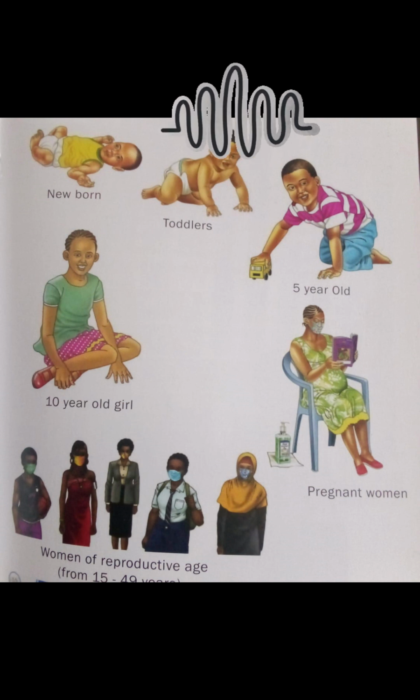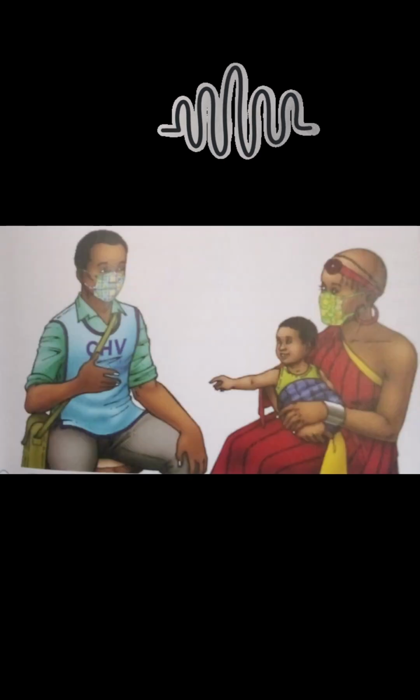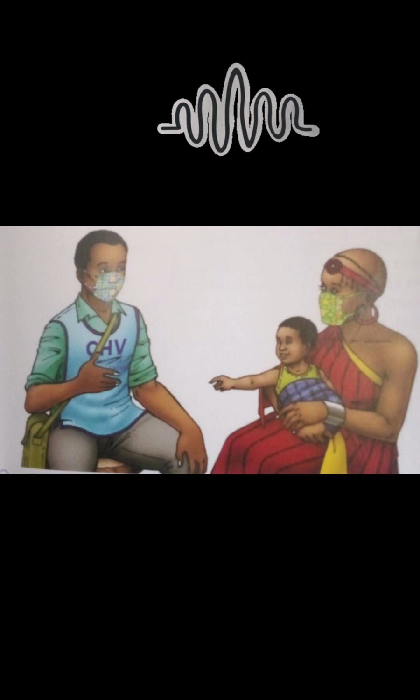Common side effects of vaccines include fever and injection site irritation, that is, when you are injected either in the thigh or arm, there will be some pain, swelling or redness of the place that you have been injected. If the side effects are of concern, please, and I repeat this, please refer the caregiver to the nearest health facility.